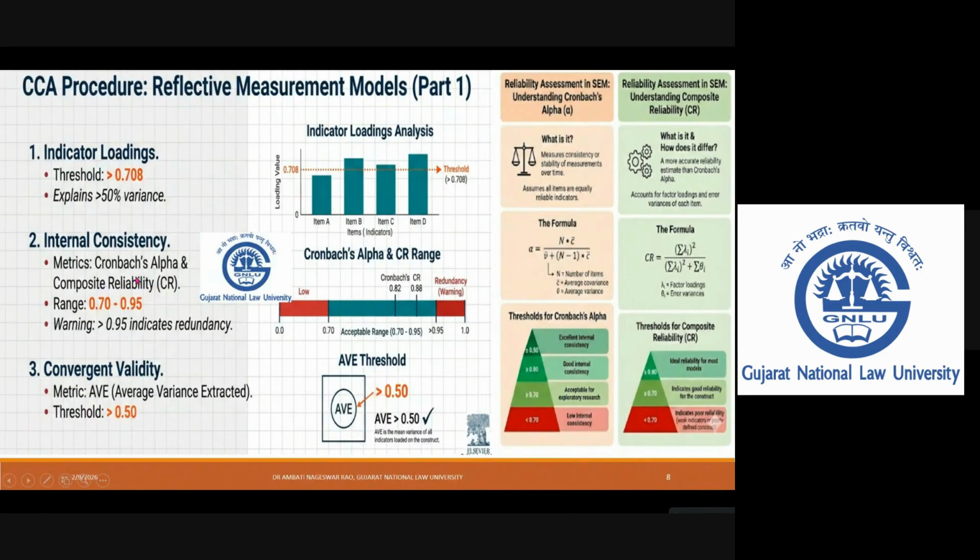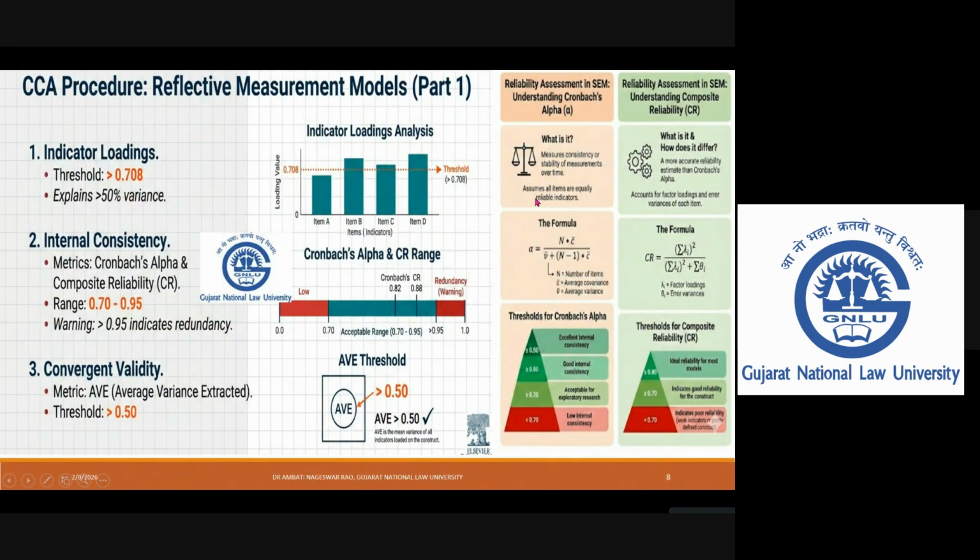Similarly, we also have to assess internal consistency, that is Cronbach's alpha value, and composite reliability. Then convergent validity. When you talk about internal consistency, it measures the stability of measures over a period of time.